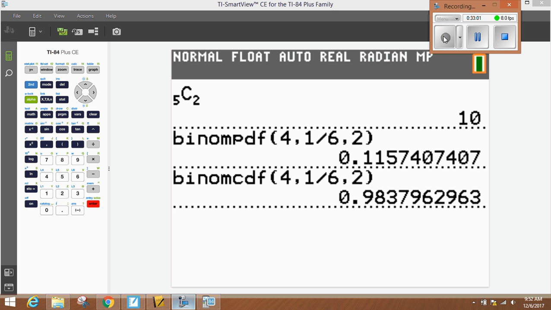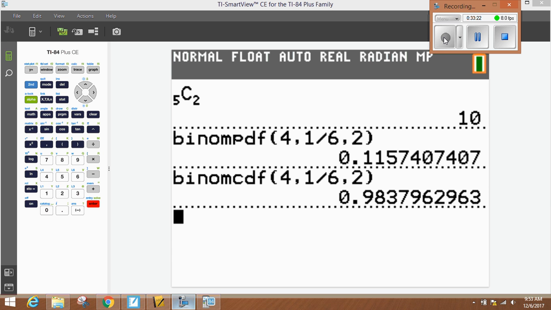So this probability seems very high, and that is because our calculator is finding actually the probability that x is less than 3.